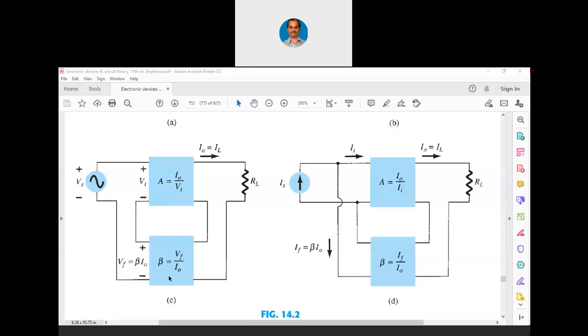In attenuation, voltage will be reduced. So an attenuator network need not have a transistor. It can be a simple resistive network or a capacitive network, or a combination of both is also possible. Of course, when it becomes a combination of R and C, it is going to work like a filter circuit also. I had discussed all these RC and CR networks earlier. So essentially this feedback network is either a pure resistive network or a pure capacitive network.